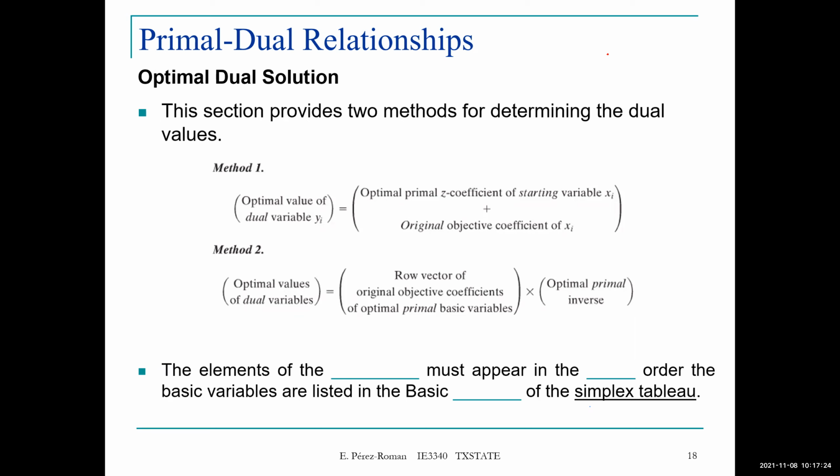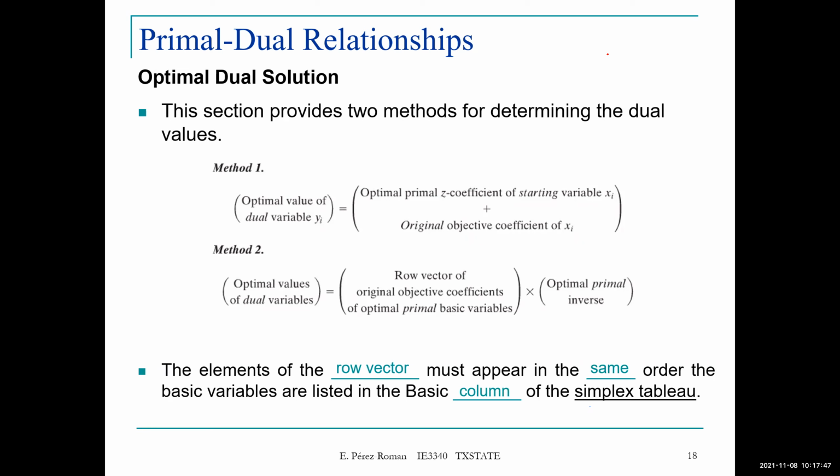The elements of the row vector must appear in the same order the basic variables are listed in the basic column of the simplex tableau. And this is very important. I'm going to do some multiplication of matrices or vectors times the inverse, but we have to keep an eye on the order of the decision variables.